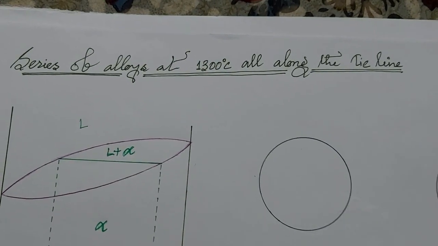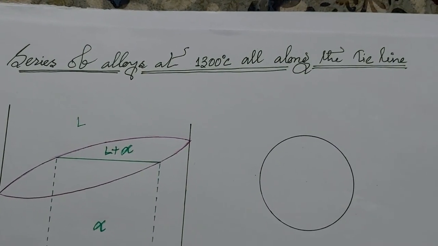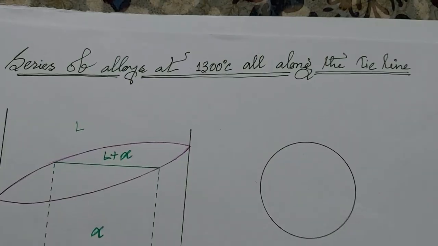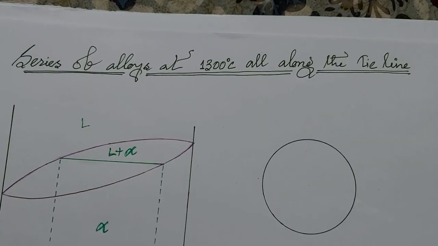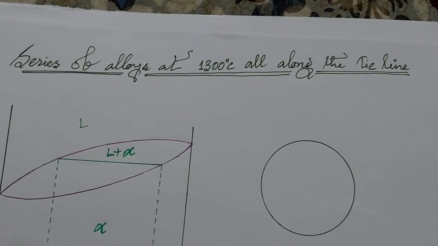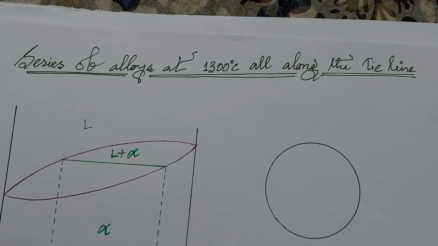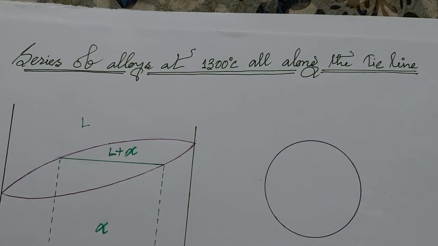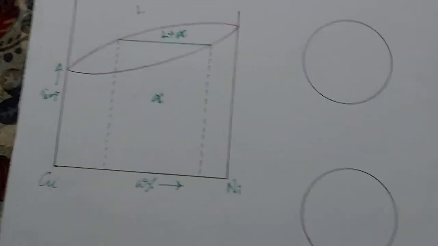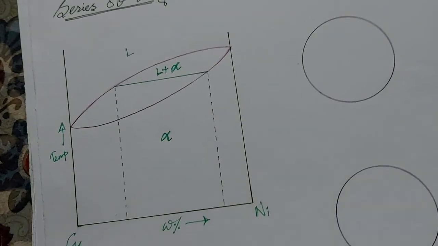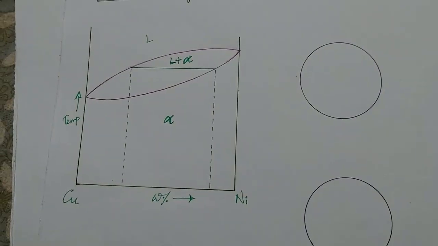Now we will see the microstructure at different points of a tie line, and I am fixing the temperature at 1300 degree centigrade. So at 1300 degree centigrade, if we draw a tie line, what will be the microstructure at different compositions, that we will see right now. So here we have one diagram.